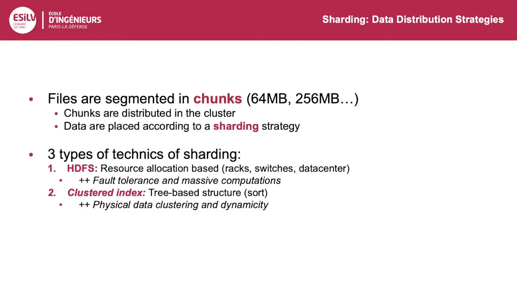So you sort the information in this tree, and you can use this solution to deal with physical data clustering in order to handle the different types of queries you want on a specific piece of information, and also to deal with dynamicity inside the chunks, just because the amount of data inside the chunks can evolve. So it distributes the information over the chunks and over the data center.